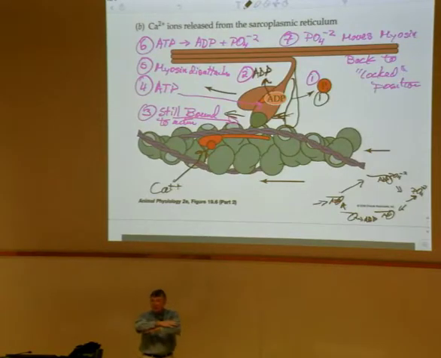And so the question is, will it just go back, or will it stay shortened? If you think about it, it took us energy to get it to shorten. The only way it can go back is if there's some kind of elastic recoil. Usually there isn't, or there's very little elastic recoil.